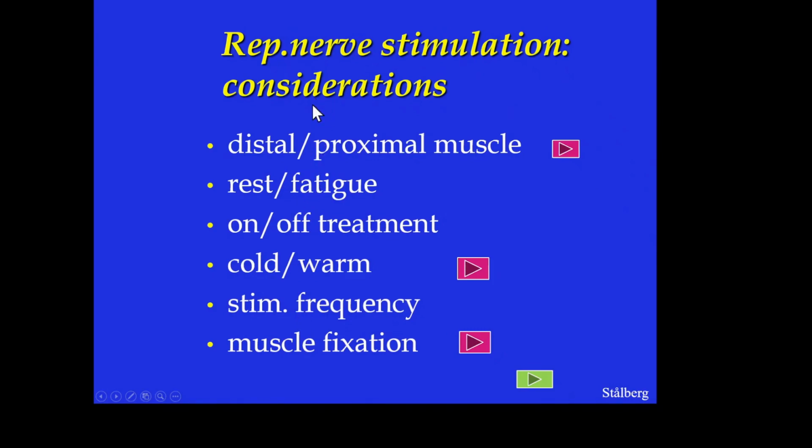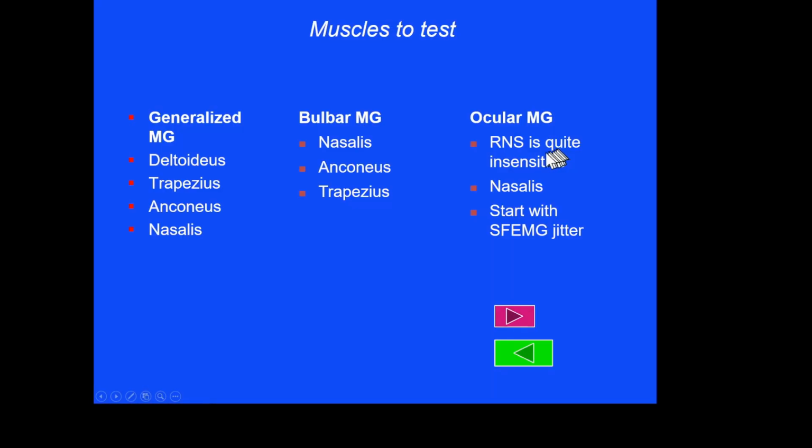We have some methodological considerations here. As we know, clinically, the proximal muscles are usually more involved than distal, and the proximal muscles that we test are deltoid, trapezius, anconeus, sometimes nasalis. Deltoid is the most sensitive, but it's also painful and technically more difficult.